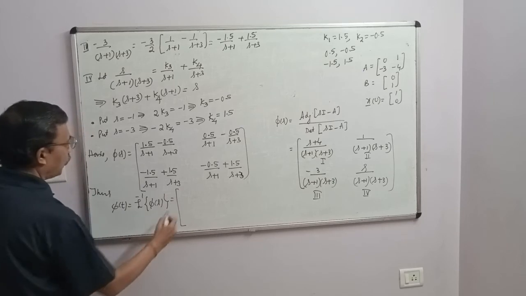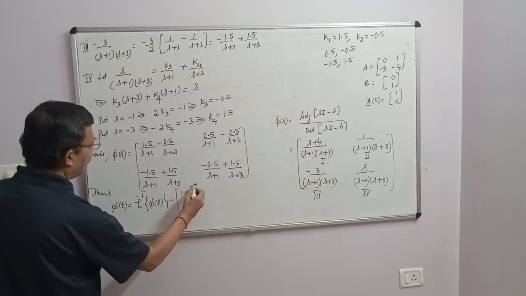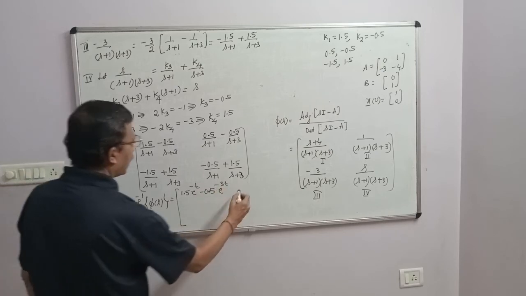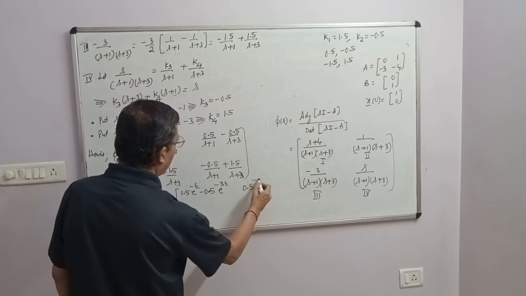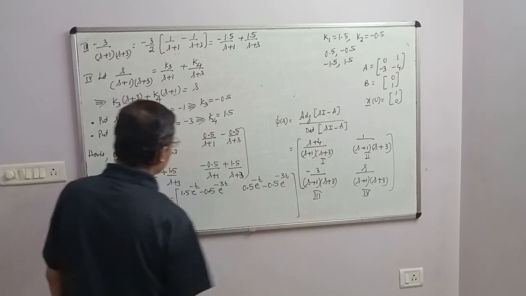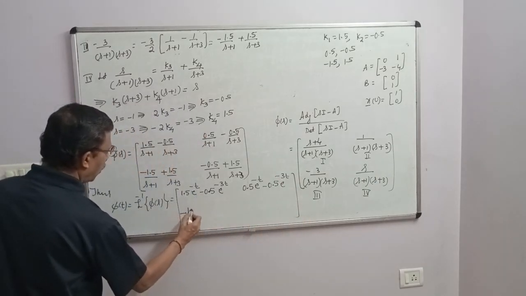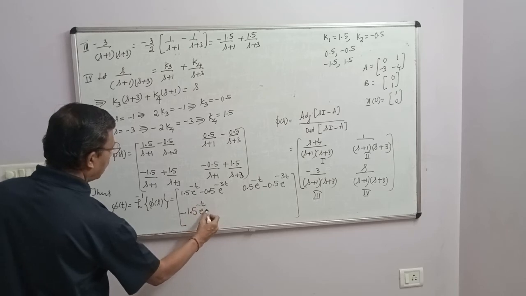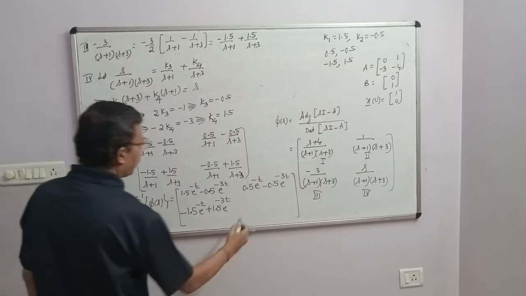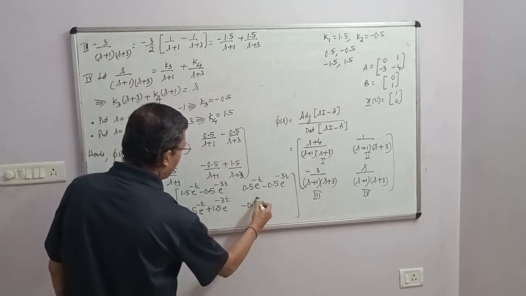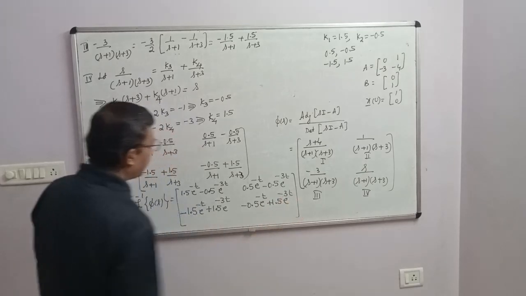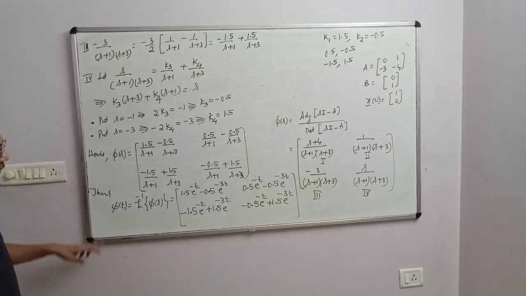Laplace inverse of phi of s is what? 1.5 e power minus t minus 0.5 e power minus 3t, 0.5 e power minus t minus 0.5 e power minus 3t, minus 1.5 e power minus t plus 1.5 e power minus 3t, minus 0.5 e power minus t plus 1.5 e power minus 3t. This is the expression for phi of t.